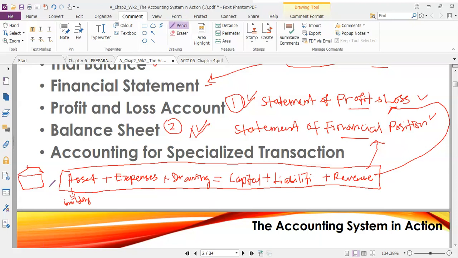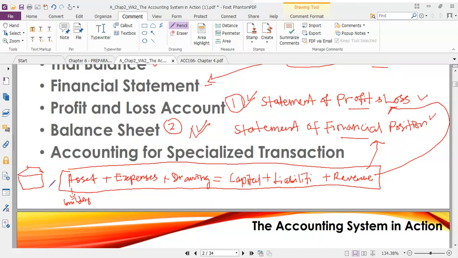Asset that is the things that give you benefit. You use it and give benefit to your business. Contoh kalau kita ada meja, so kita boleh letak barang break kita. Contoh kita boleh ada meja dan kerusi. So customer boleh datang dan duduk makan dekat atas meja, makan dekat meja dan kerusi tersebut. Okay, that is asset.